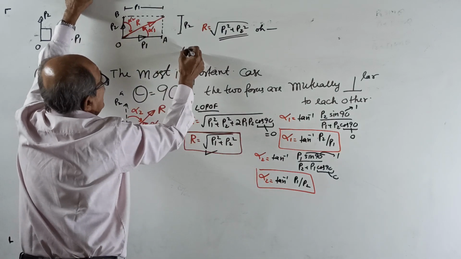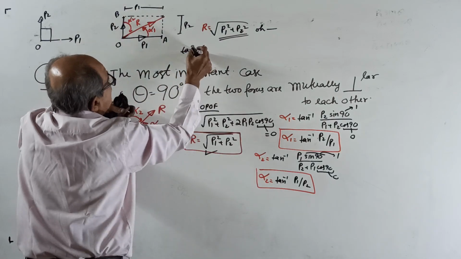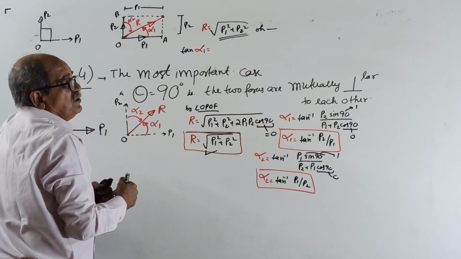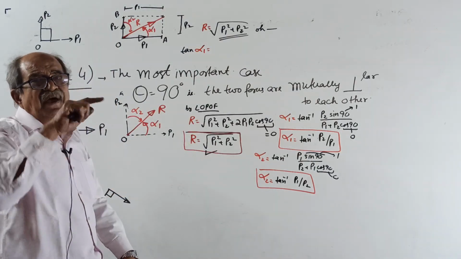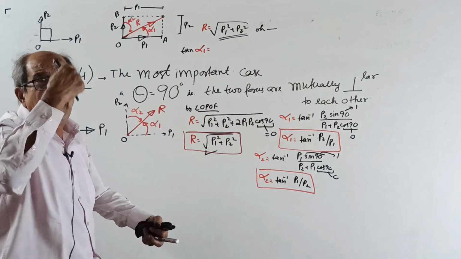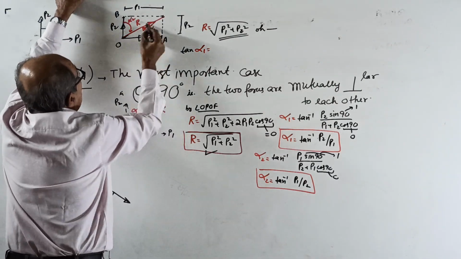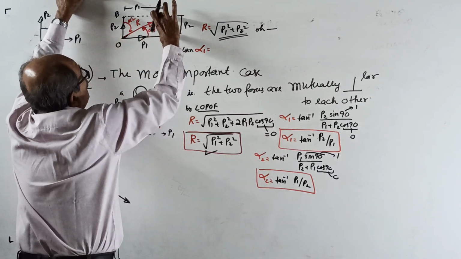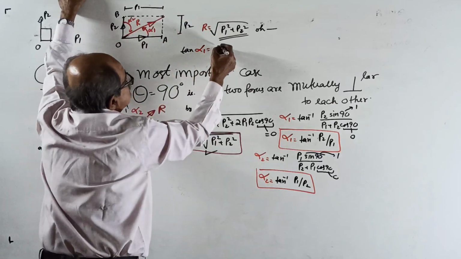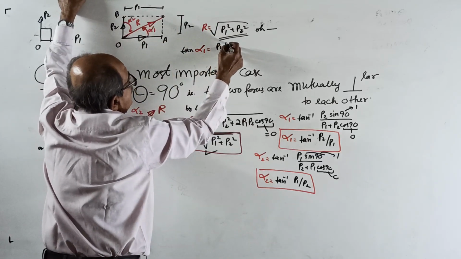And tan of alpha 1. Remember, tan alpha is always opposite side by adjacent side. When you see this triangle, tan alpha equals P1 by P2.